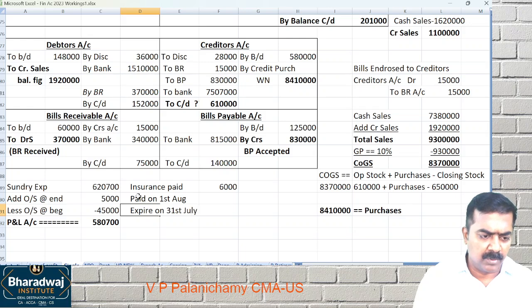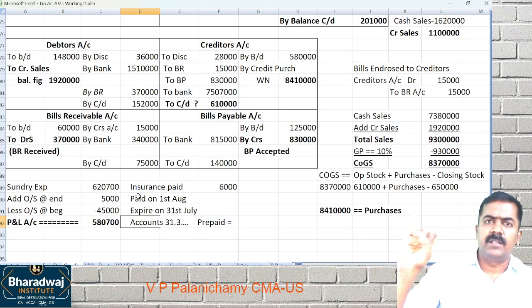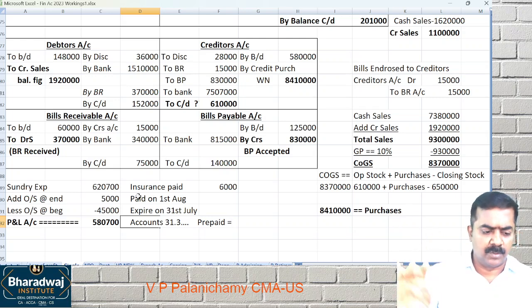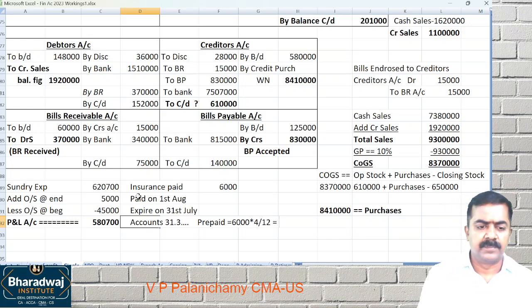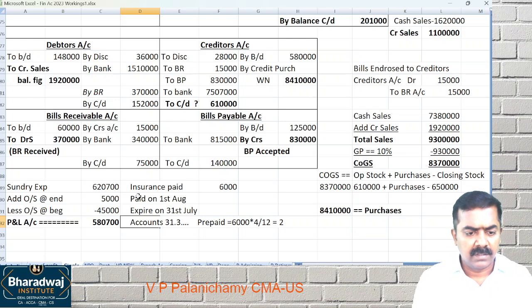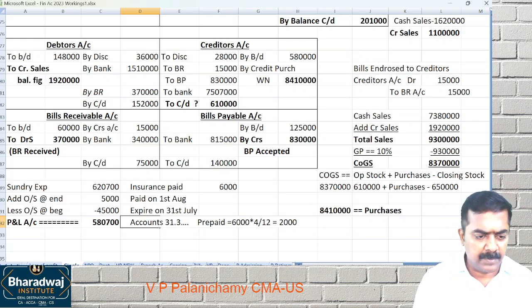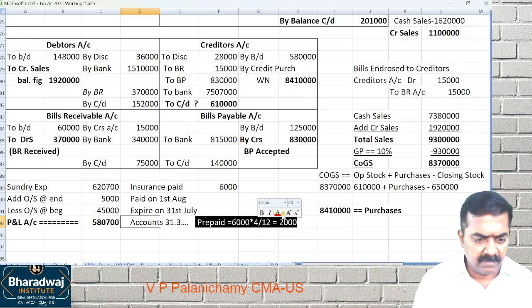We are closing accounts on 31st March, so how many months are prepaid? April, May, June, July: 4 months. 6,000 into 4 by 12 is prepaid. How much is prepaid? 2,000 rupees.